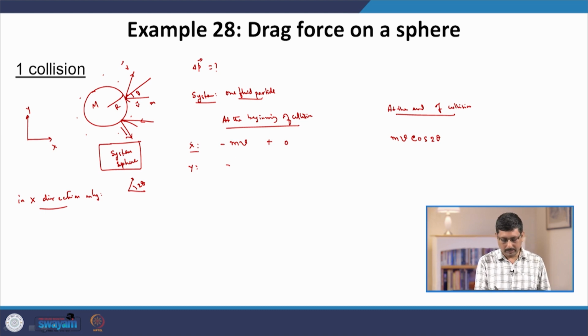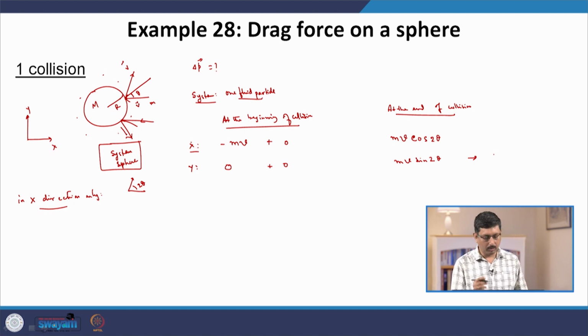Similarly in the y direction, the initial momentum was 0 and the final is m v sin 2 theta, but we are not going to consider this because they are going to cancel when we sum over all the collisions.